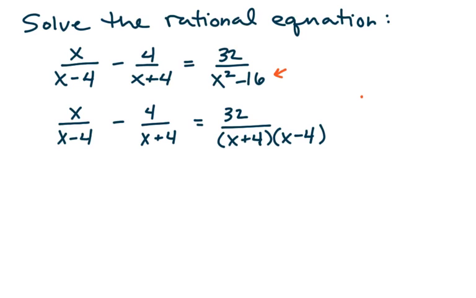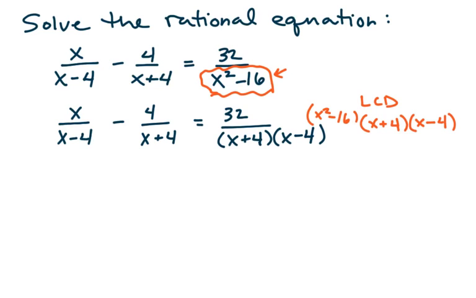So in this situation, my LCD is actually x plus 4, x minus 4. If I hadn't factored this original denominator, I might also have written over here on the side of my LCD x squared minus 16.